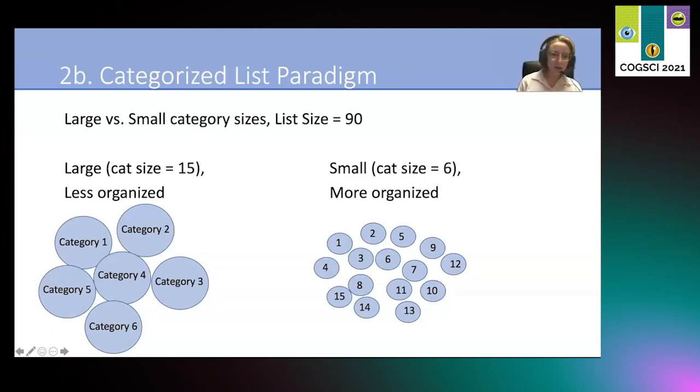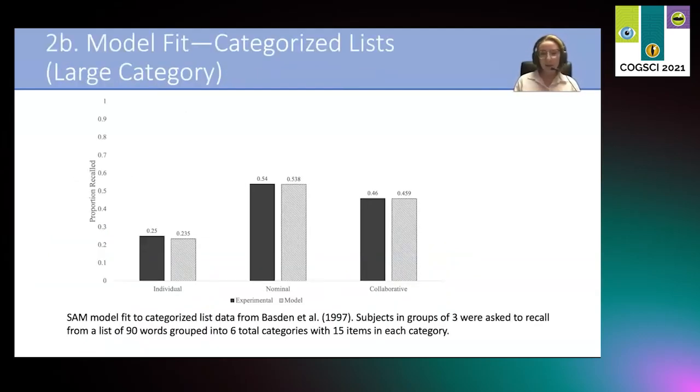And this is because in the larger categories, so there's 15 words per category, there's more room for subjects to have unique search strategies and unique organization within the categories themselves. So 15 words, there's more room for unique organization compared to 6 words per category. And the original experiment was able to show that this prediction was true.